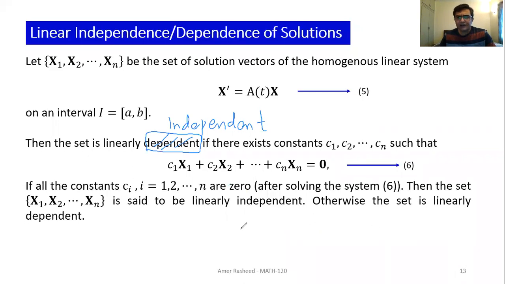The question in the chat window: can you please repeat what you said about the value of the coefficient? Yes.